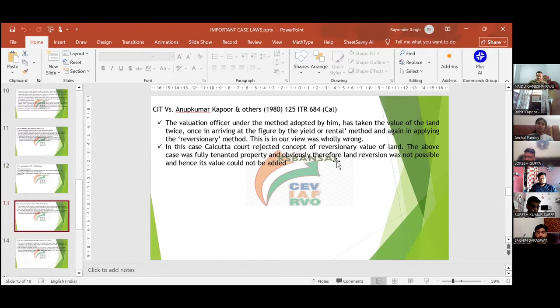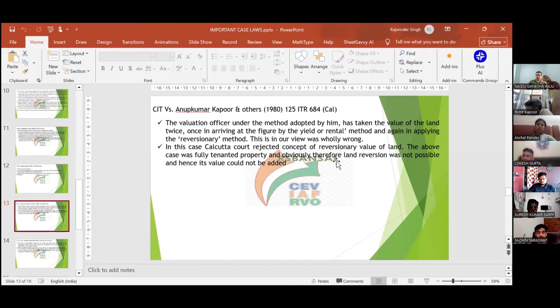Next case law is CIT versus Anupam Kapoor and others. So it is a similar case in which the valuation officer has taken the reversionary value of the land in calculating the value of the property, and it says that you cannot take twice the value of the land.